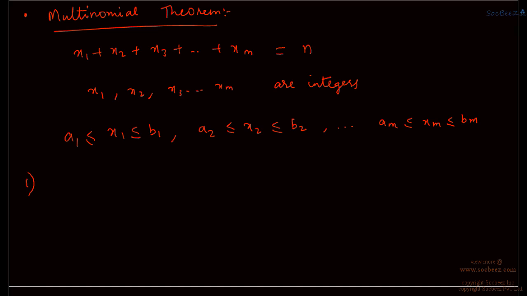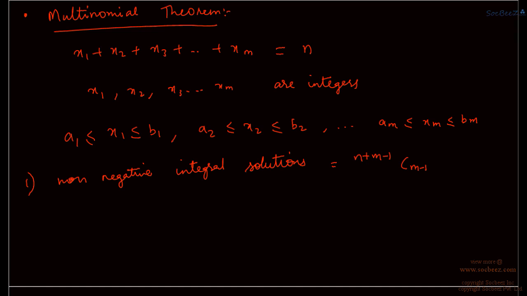So the total number of non-negative integral solutions, that is equal to (n + m - 1) C (m - 1).